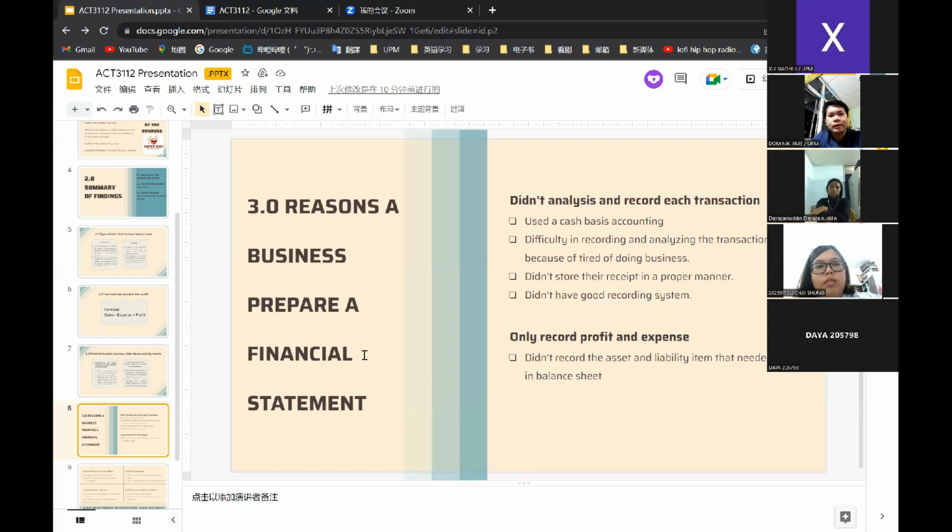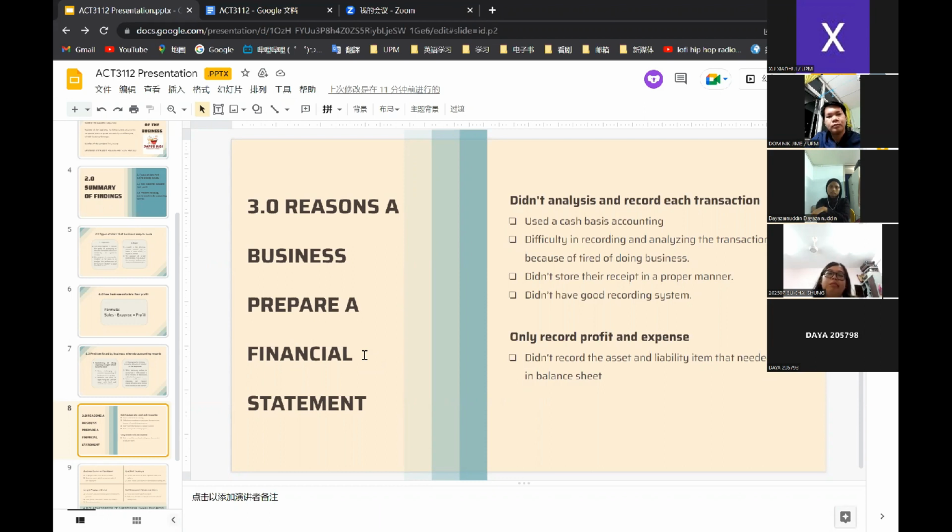However, even though this business used a correct format to calculate profit by deducting expenses from sales, they didn't record the transactions in proper ways. From the interview, we learned that they face difficulty in recording and analyzing transactions because they are tired from doing business.